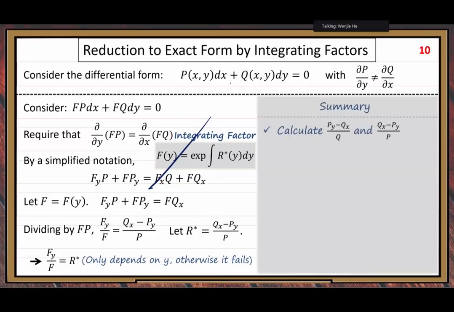Summary. You calculate two functions, the R function and the R star function.